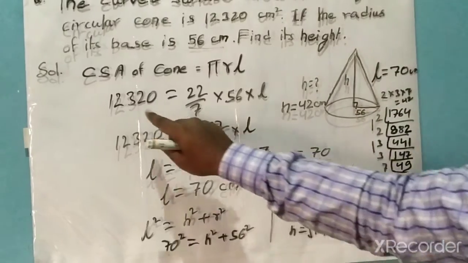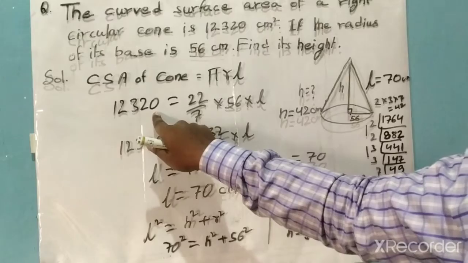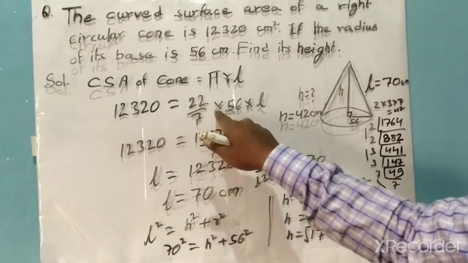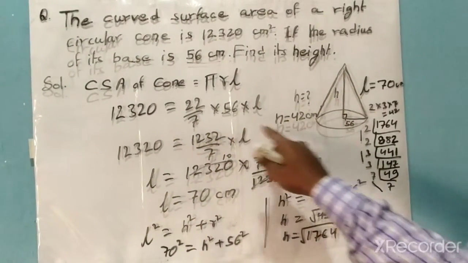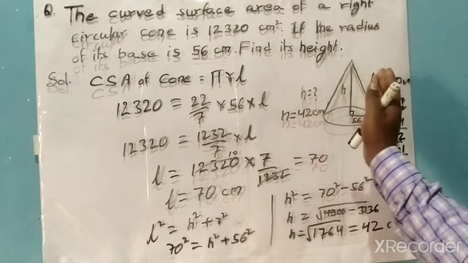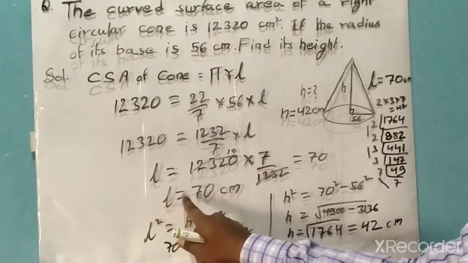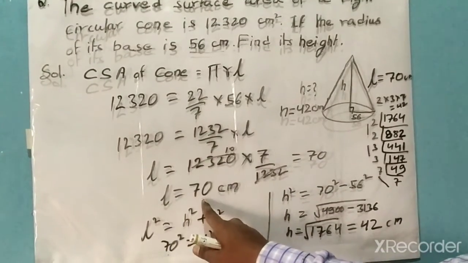So 12,320 is equal to 22 by 7 into 56 into l, where l is the slant height. On solving this, we got slant height l equal to 70 centimeter.